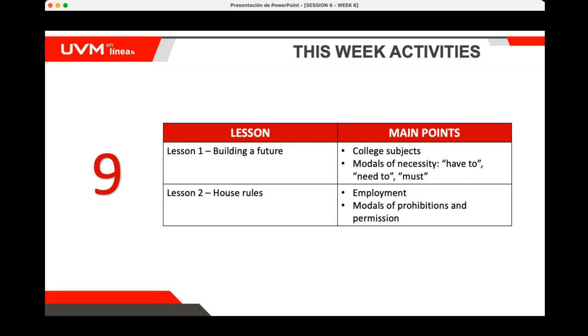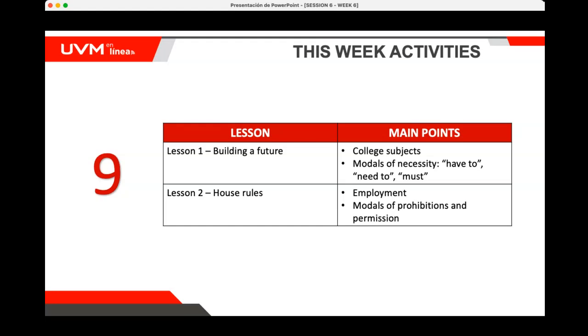Specifically for this unit, I think the most important topic was modals again. Okay, as I told you in previous sessions, this is a very important grammatical topic, so I really want you to pay attention in these sections. Modals of necessity in the first one: have to, need to, and must.